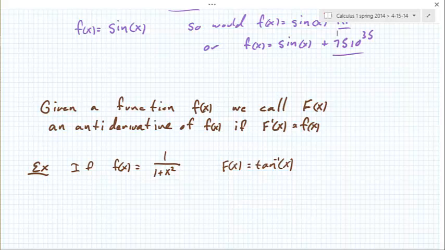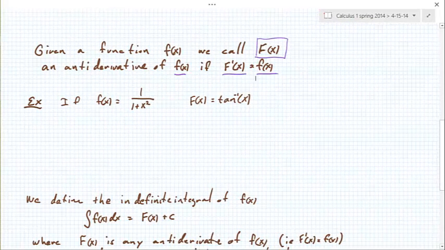So let's introduce some language here. Given a function f of x, we call capital F of x an antiderivative of f of x if F prime of x is equal to f of x. Now I know that sounds like gibberish, but recognize that I'm distinguishing between capital F of x and little f of x.